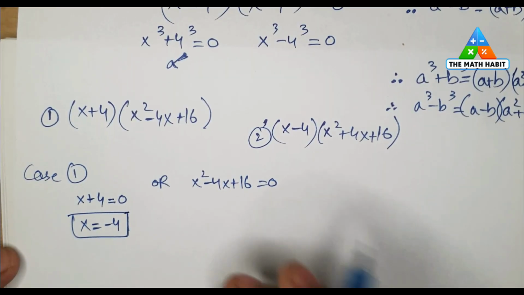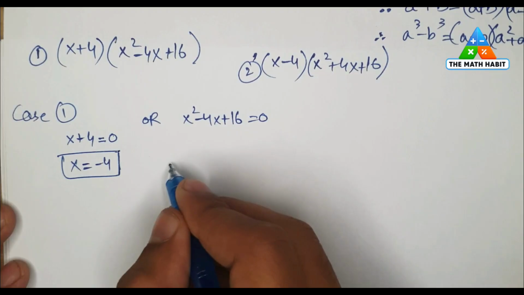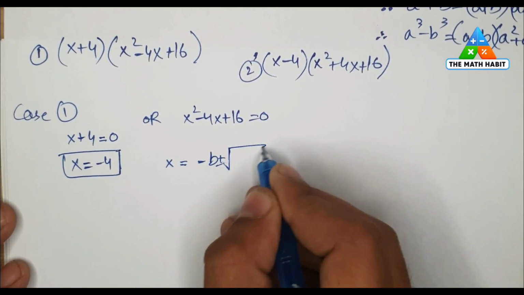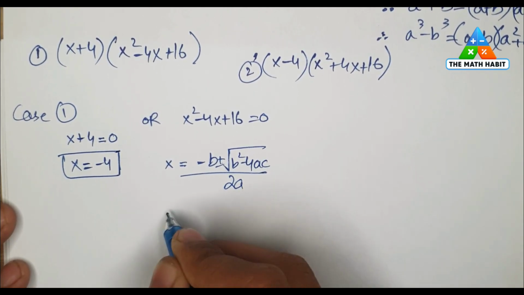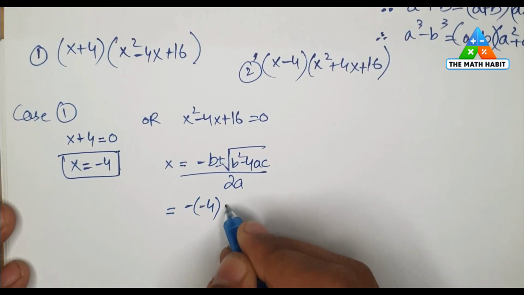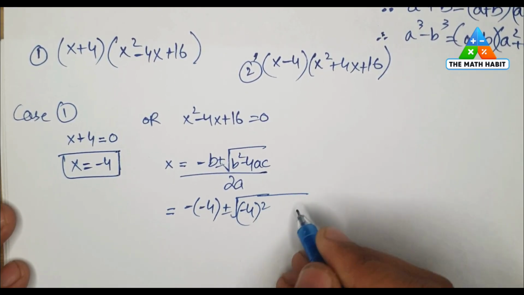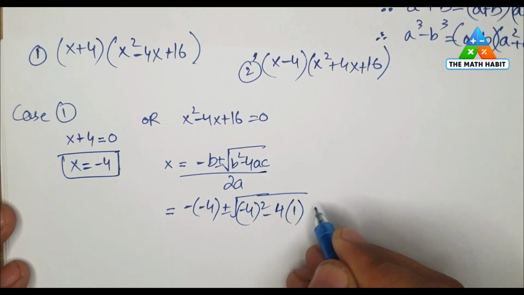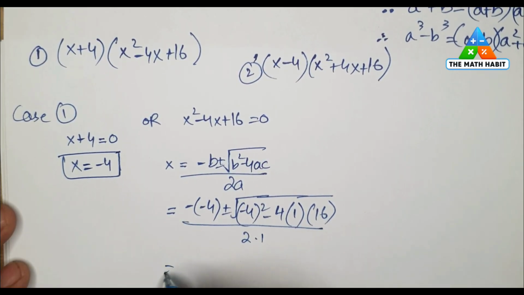Here we will apply the quadratic formula, which is x is equal to minus b plus minus square root of b square minus 4ac, divided by 2a. This will equal minus of minus 4 plus minus square root of (4) whole square minus 4 into 1 into 16, divided by 2 into 1.